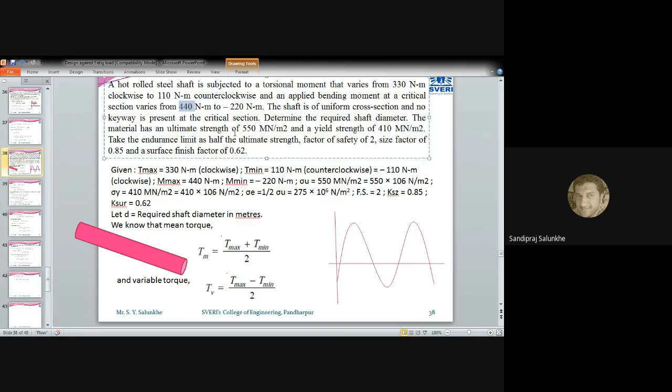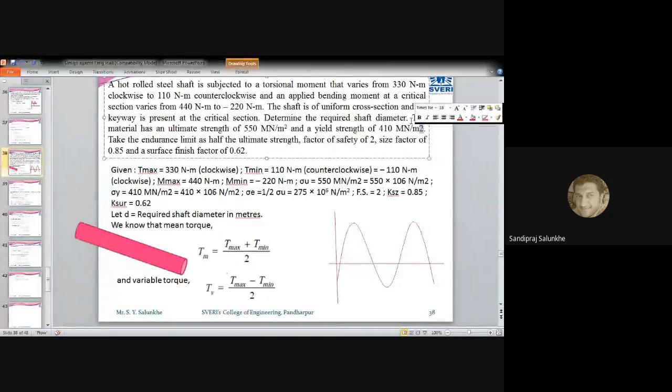Okay. Then next is that the material has ultimate strength sigma u or SUT is 550 meganewton per meter square. Now this meganewton per meter square we are going to convert into Newton per meter square, or that can be converted into Newton per millimeter square.